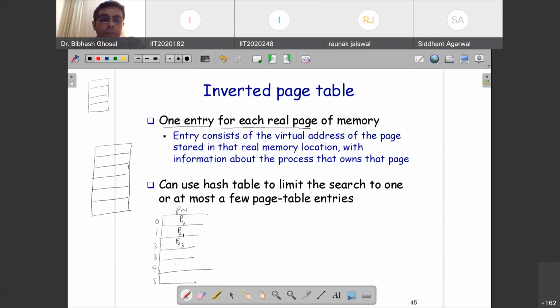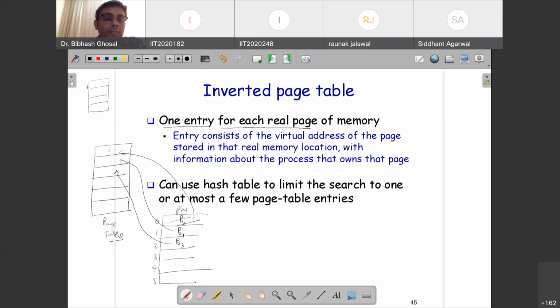So if you maintain this information, if you can load the content of this here, your table, which you call page table or whatever name you give, does not contain pages of only one process. It contains pages of many processes.